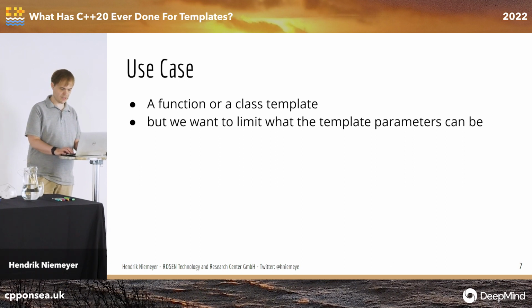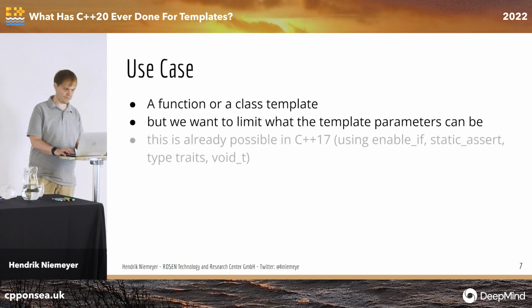If we give our class template or function template the wrong types, then it will not compile and we'll get an error message. So that is already restricted. But maybe the error messages are ugly and buried in like 20 pages of noise. Could happen sometimes. And we can use concepts to make it clearer what the requirements are for our templates, and we can also improve the error messages with that.